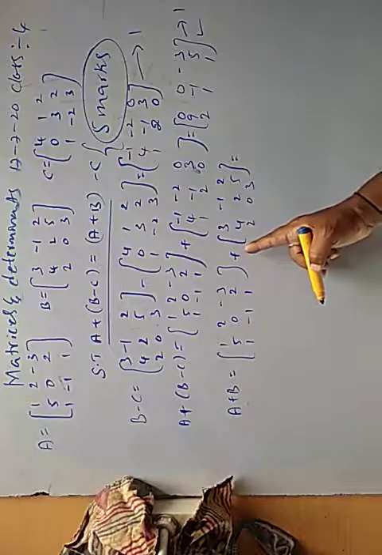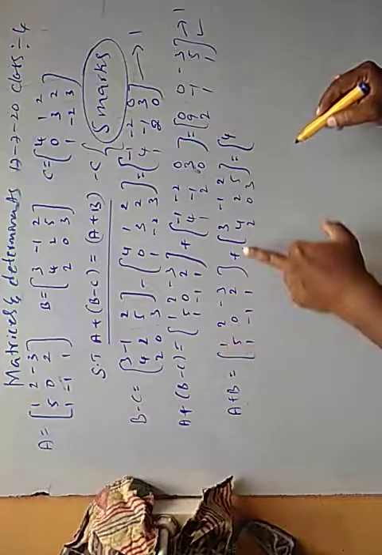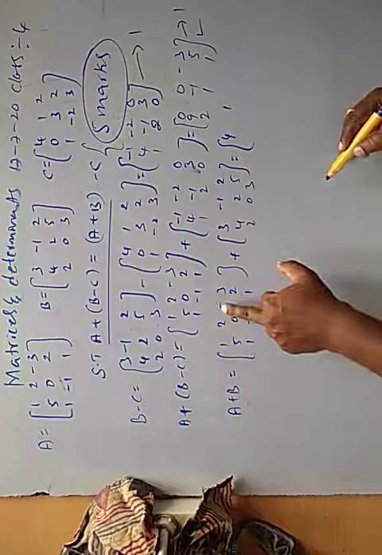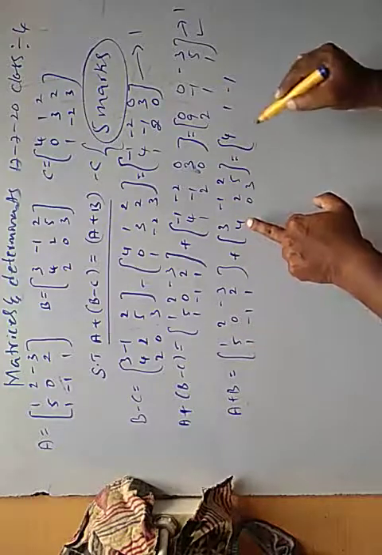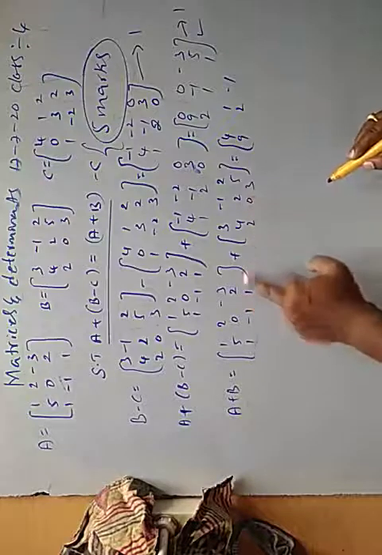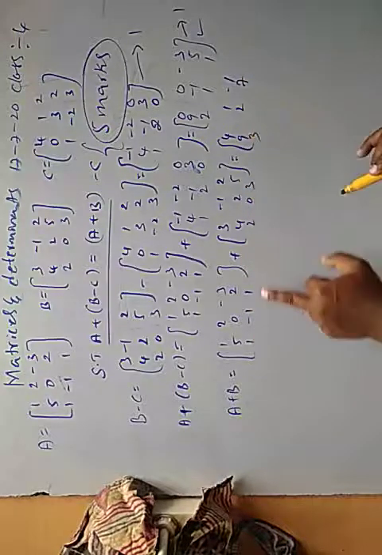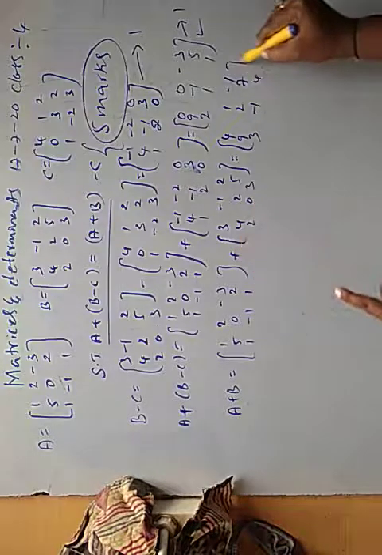What is the symbol? Addition. Shall we add? Yes. 4, 1 plus 3 is 4, 2 plus minus 1 is 1, minus 3 plus 2 is minus 1, 5 plus 4 is 9, 0 plus 2 is 2, 2 plus 5 is 7, 1 plus 2 is 3, minus 1 plus 0 is minus 1, 1 plus 3 is 4. We are getting A plus B.